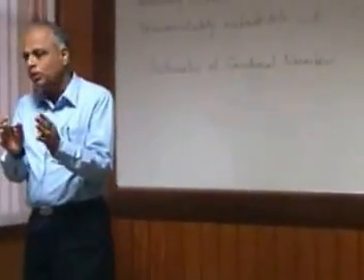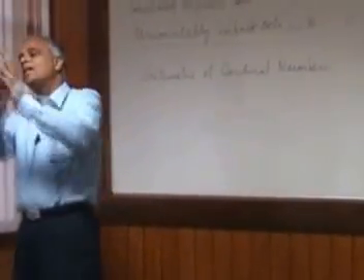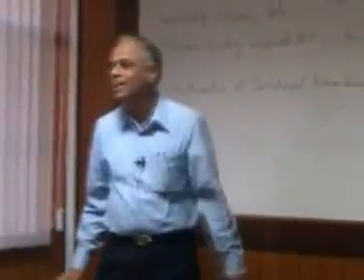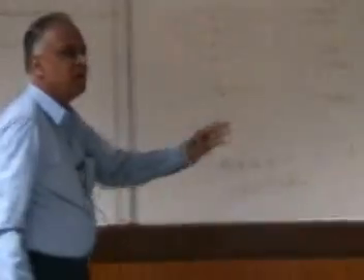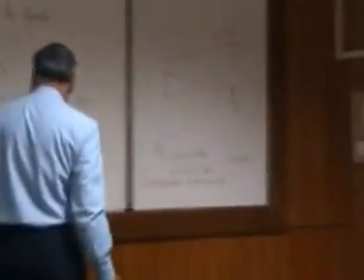Now, if we can move from 1 to 2, we can move from 2 to 3. If I have 3 sets which are disjoint, each of which is countably infinite, the first 2 together are countably infinite. Add that to the third countably infinite set, still it is countably infinite. So you can do this in a finite number of steps.